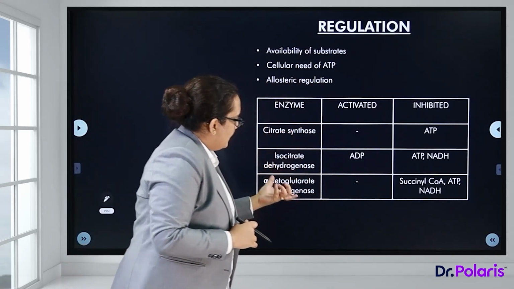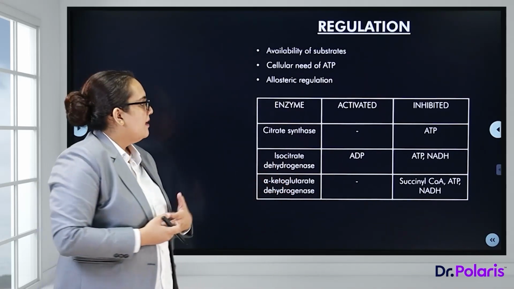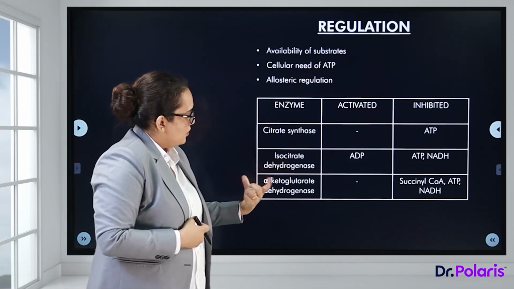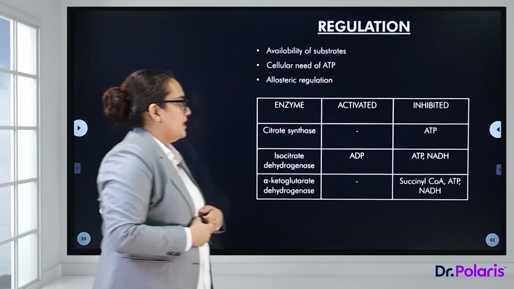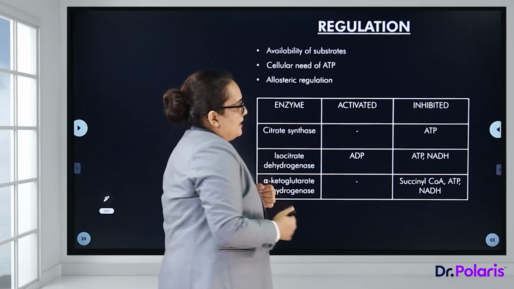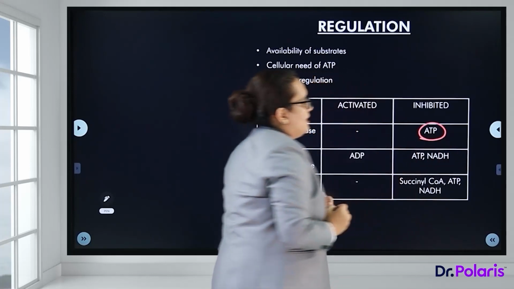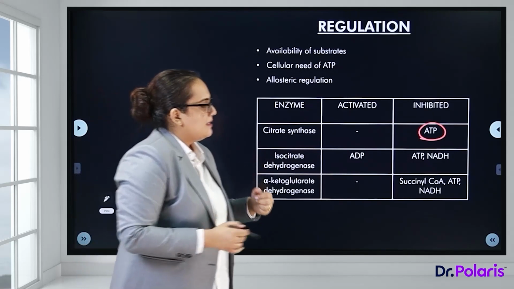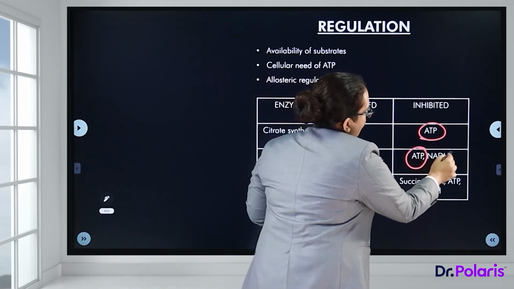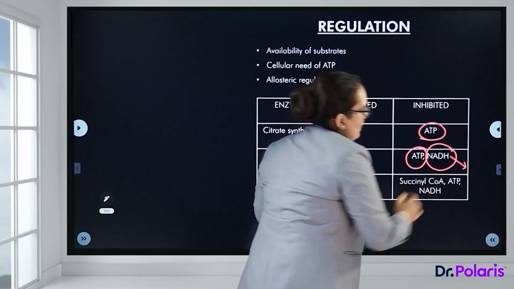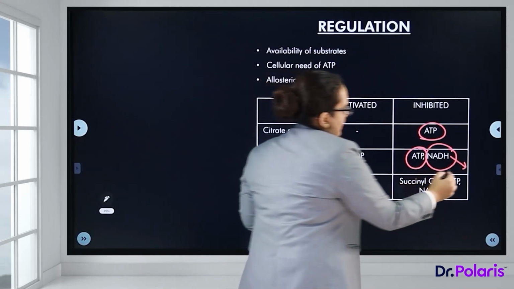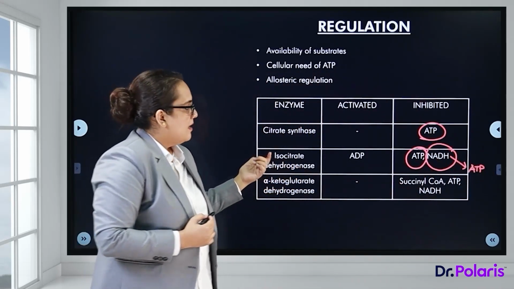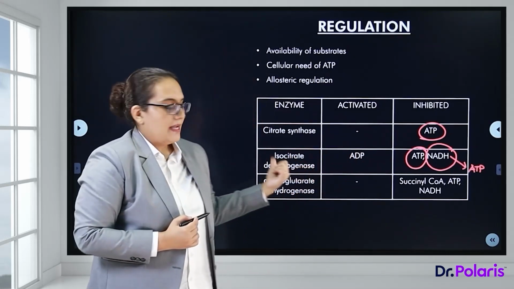So you can see these are the key enzymes that help regulate the TCA cycle. You have citrate synthase, which is the first enzyme catalyzing the first step. Then you have isocitrate dehydrogenase and alpha ketoglutarate dehydrogenase. In case of citrate synthase, the presence of energy within the cell will inhibit the enzyme. Next, when you see isocitrate dehydrogenase, the presence of energy as well as the reducing equivalent, because the reducing equivalent will also produce energy when it enters into TCA, these two will inhibit isocitrate dehydrogenase, whereas ADP will activate the enzyme.